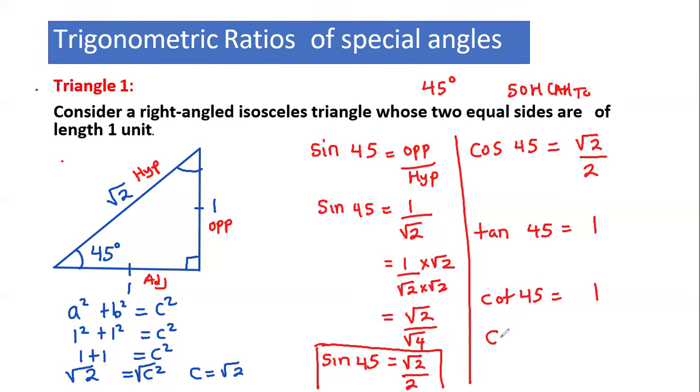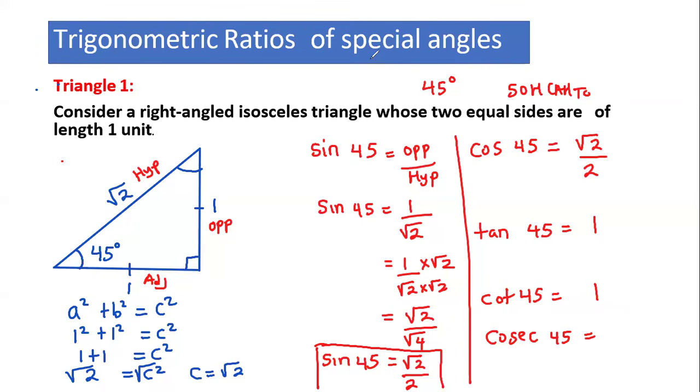Good. Members, what about cosec of 45? Sec is root 2. You are getting root 2. Okay, thank you, Daniel. Other members, what are you getting?